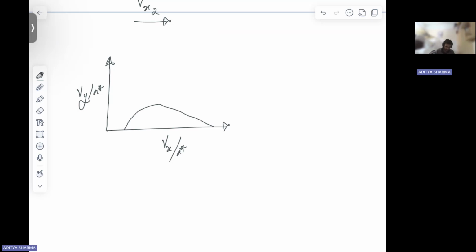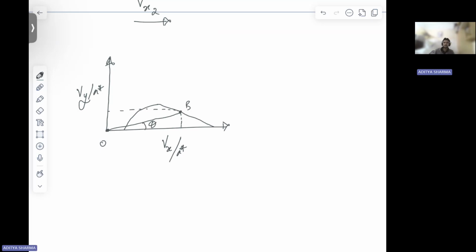Now let's say we take some point here. Now from your origin, if you draw this line, so this angle will be the deflection angle, and then these components will give the velocities in the x and y direction, right?